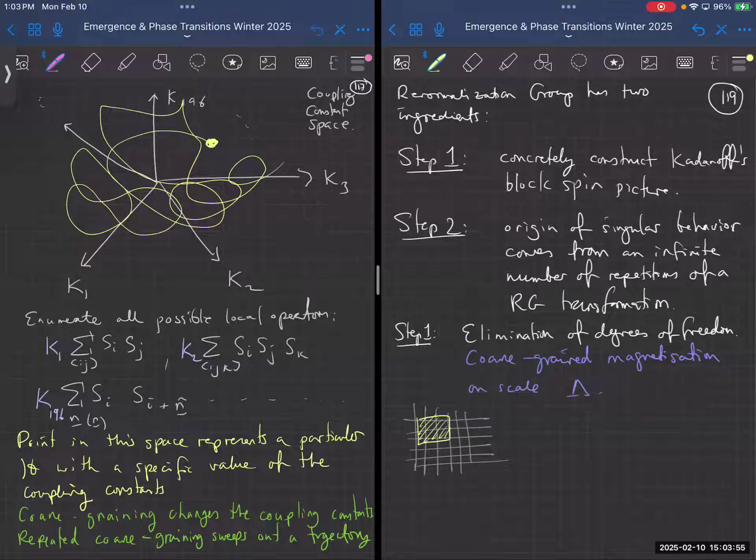So there's my block spin with dimensions La.